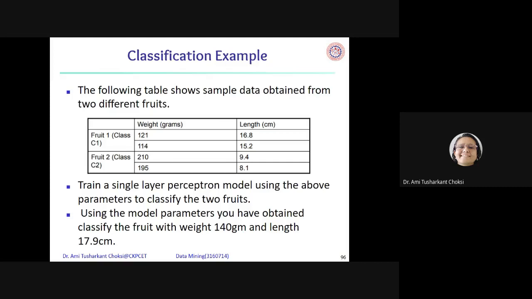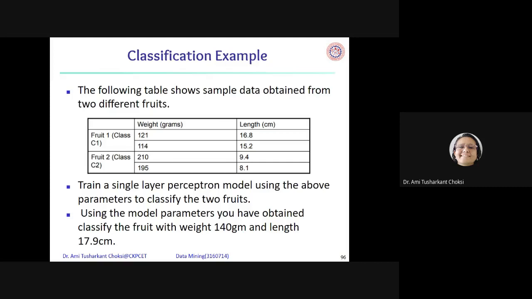Now let us proceed. Train a single layer perceptron model using the above parameters to classify the two fruits. Using the model parameters, classify the fruit with weight 140 gram and length 17.9 centimeter.